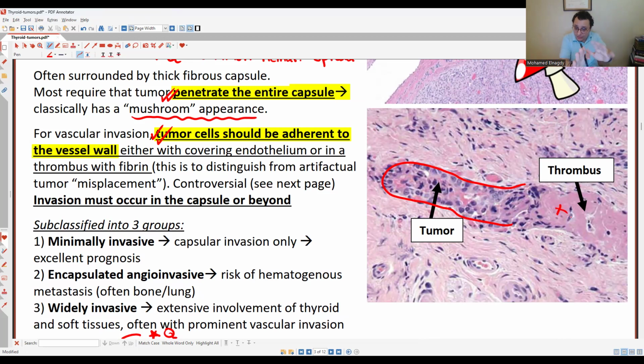So tumor cells adherent to the vessel wall with intravascular thrombosis. For vascular invasion, tumor cells should be adherent to the vessel wall, either with covering endothelium or in a thrombus with fibrin. Preferably, there should be fibrin inside.